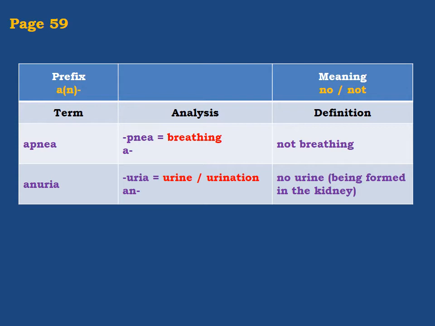So that's why we used a. So here, uria means urine or urination. Now the full meaning is no urine being formed in the kidney, because you know the urine comes from the kidney. All right, so when there is no urine formed in the kidney, the person cannot urinate.